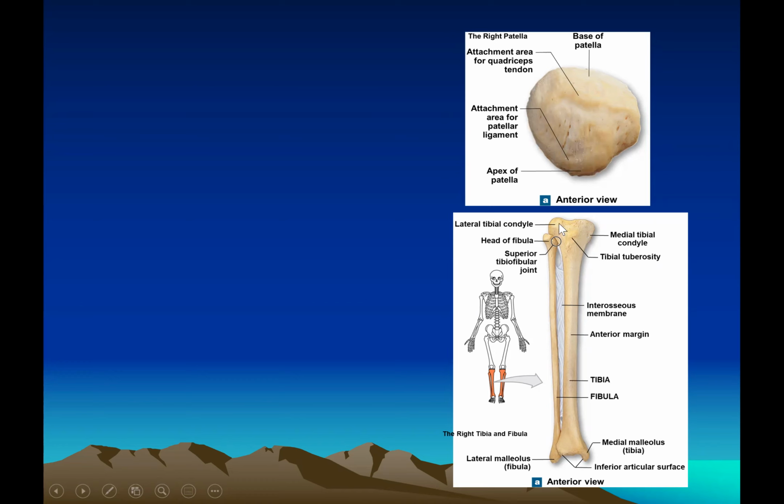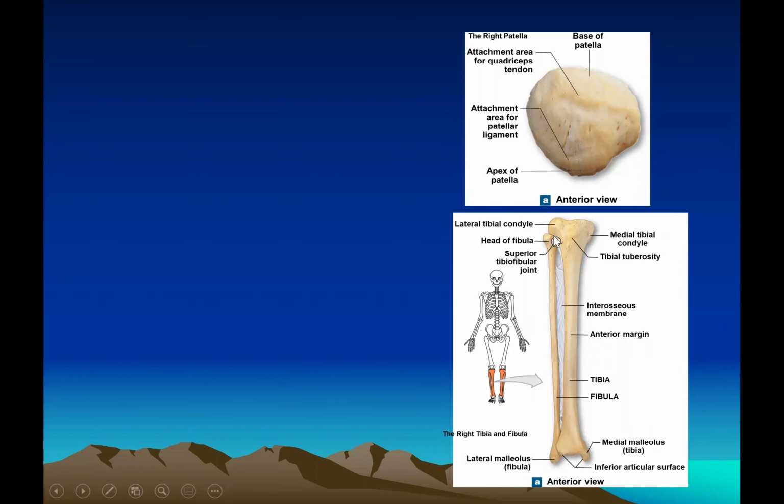Coming to the tibia and the fibula of your feet, your tibia is the larger bone, and the fibula is the fine, thin, delicate bone. They are held together by intraosseous membrane. They are tough, fibrous membrane.